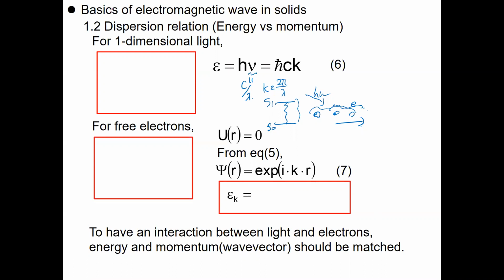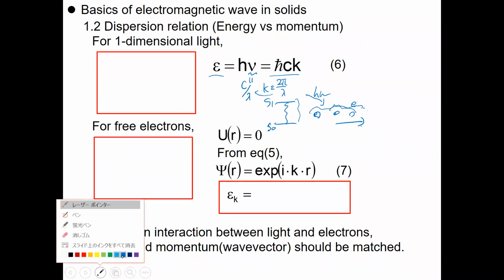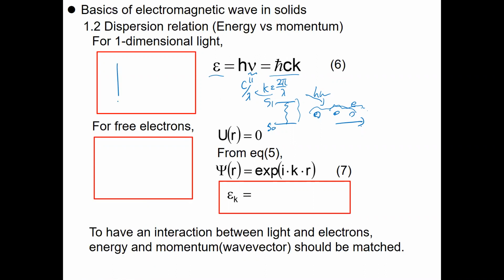So you just convert it to k and obtain epsilon equals h bar c k. You can see that this is a relation between the energy and the wave vector, right? If you draw this, obviously epsilon versus k for light is a linear line with a slope of h bar c.